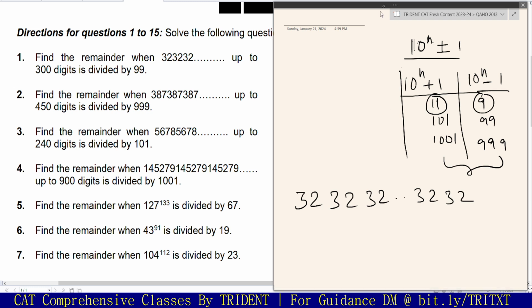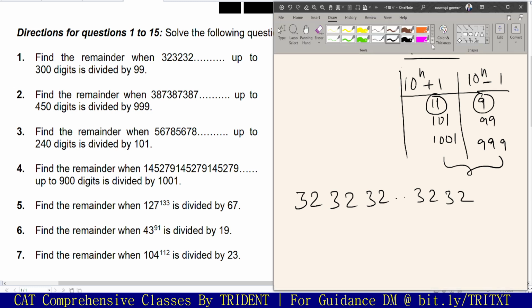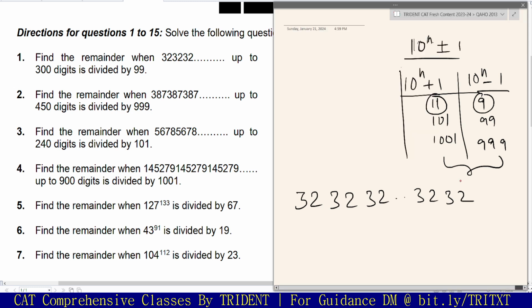What you need to do in this part is exactly employ the technique taught to you for the divisibility rule of 9, but because this is not 9, this is 99, we will be modifying the technique. In 9 we find the digital sum of single digits. Here we will have to group them, and the groups will be of size n. Here if you realize, this is 10 squared minus 1, which is 100 minus 1. That's why we are grouping 2 digits at a time.